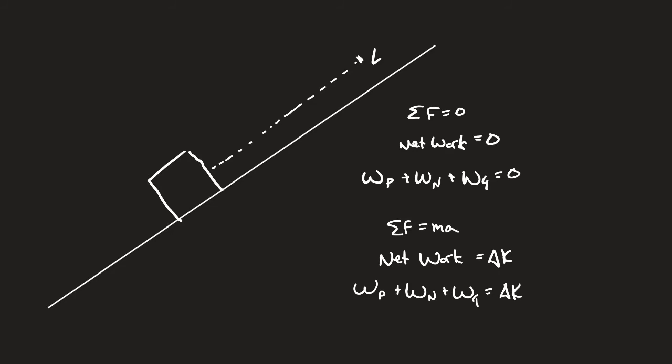The person was asking a specific question about the work done by gravity, and asking if it's okay to write it in terms of the component of the weight. Meaning, can I write the work done by gravity as mg sine theta times L?